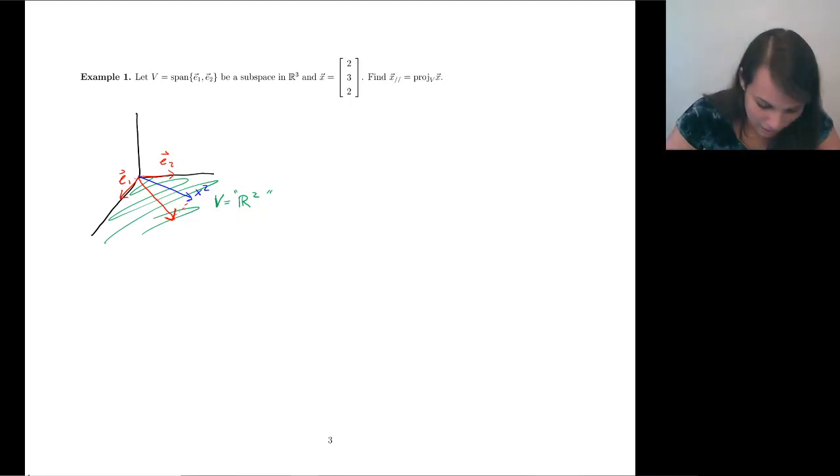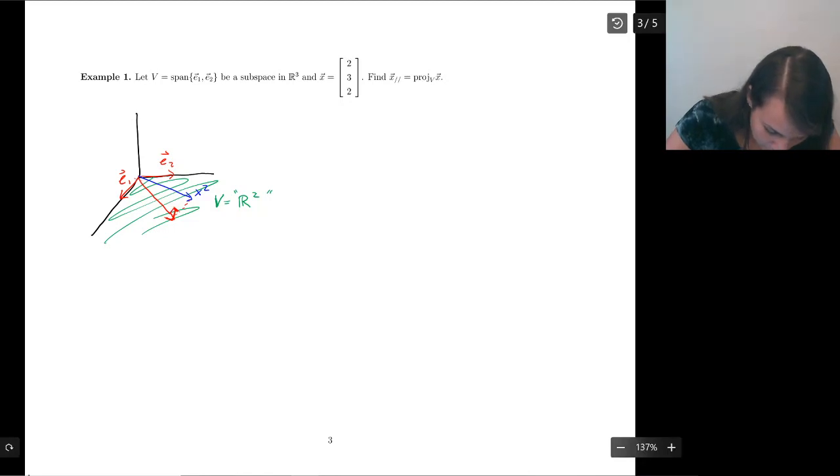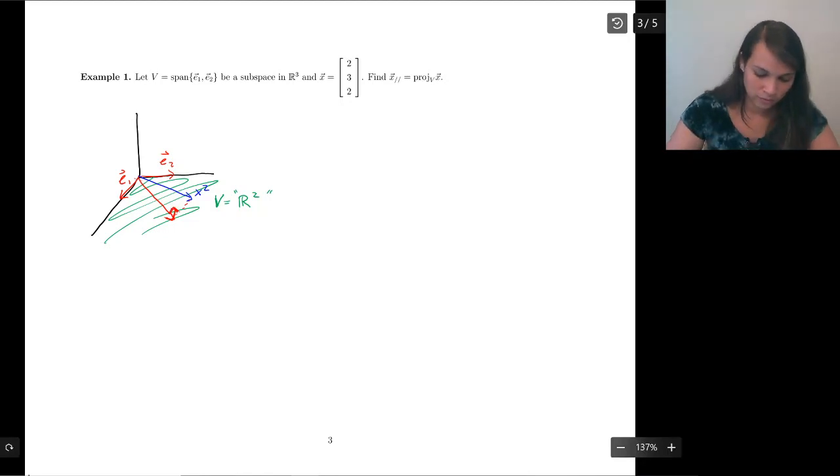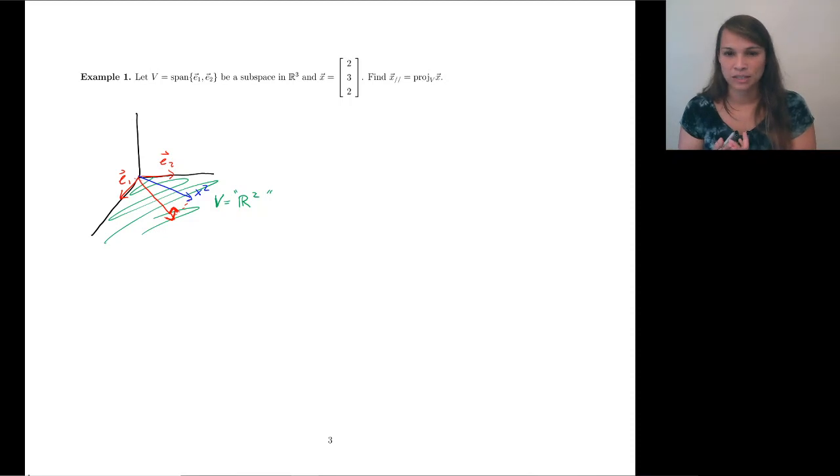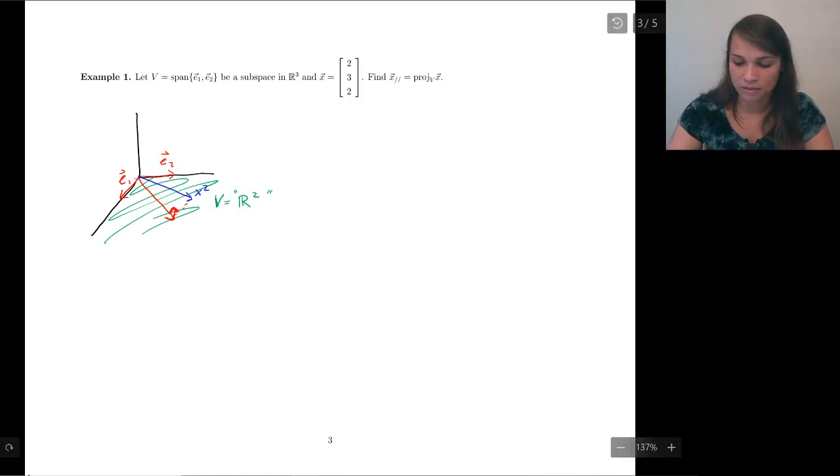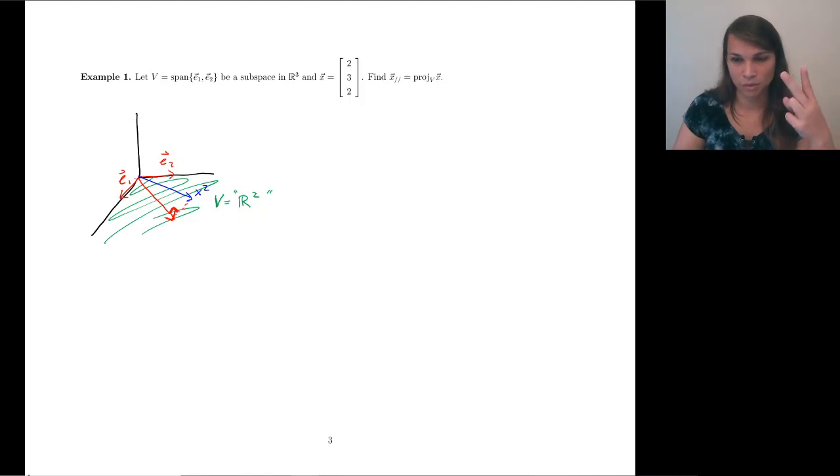That's basically all that's happened, because this is orthogonal right here. This is a right angle. So our x and y components live, but it's now been pushed down onto the xy plane and has no z component. So let's use our formula from the previous theorem to see if we do get what we think we should get, which is just x component, y component, no z component.